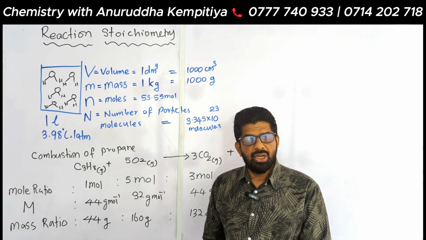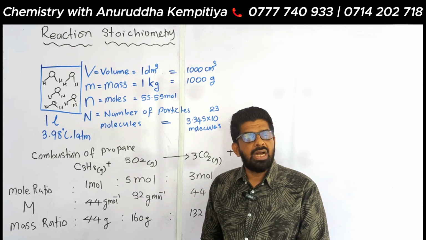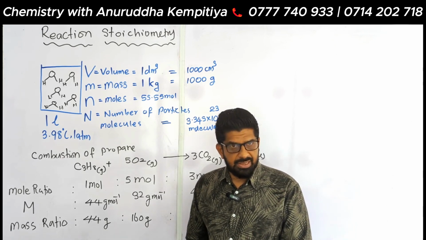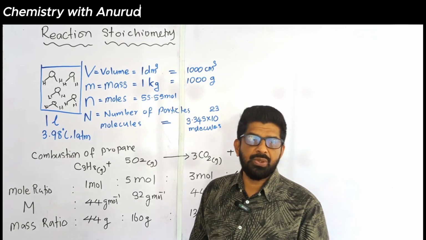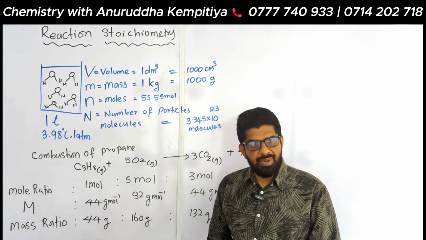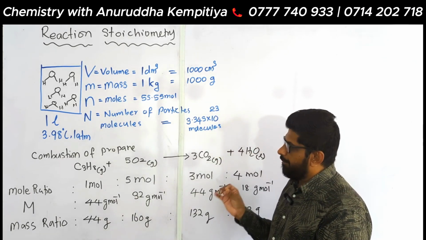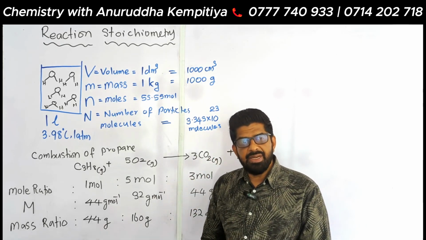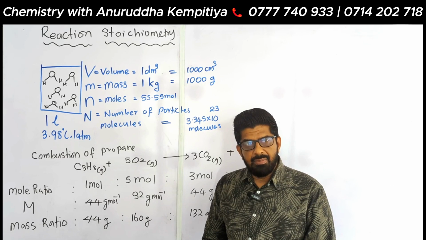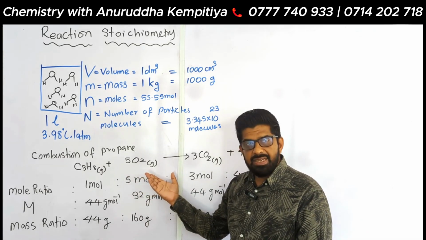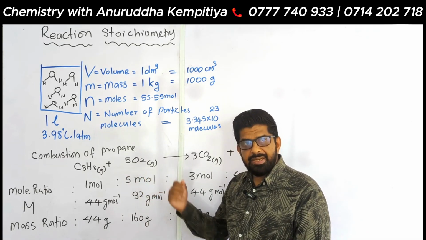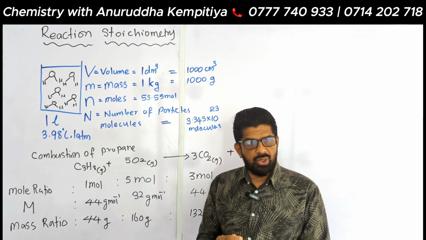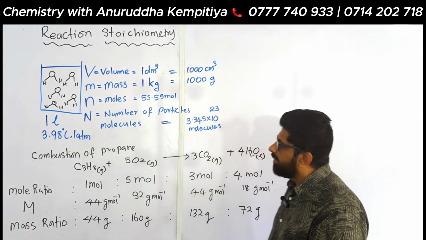That is nothing but the law of conservation of mass. So a chemical reaction takes place according to the law of conservation of mass. Therefore, when you represent a chemical reaction by a balanced chemical equation, it is the correct method. Your equation must be balanced.